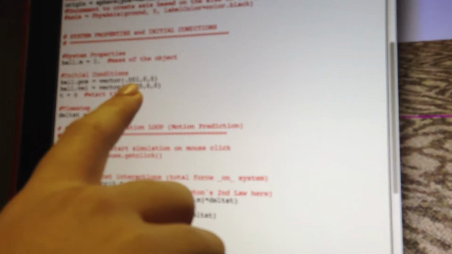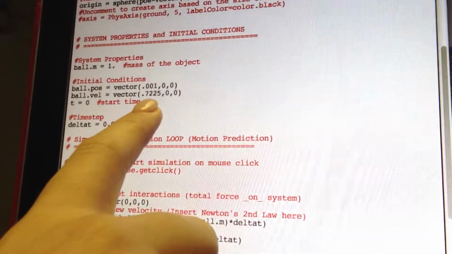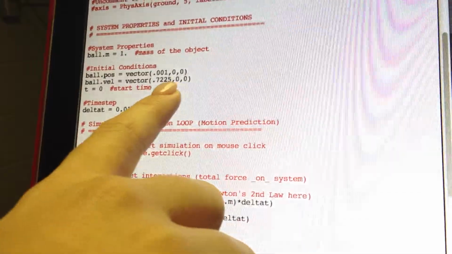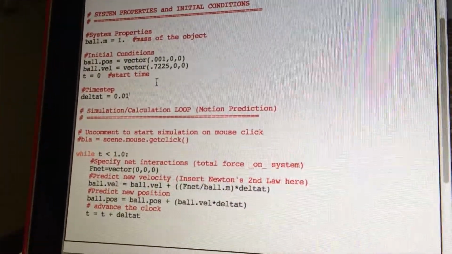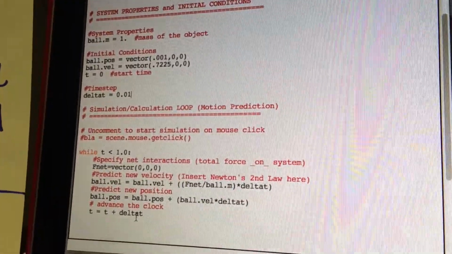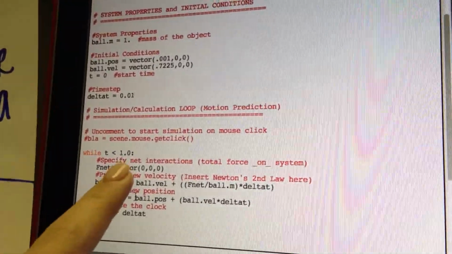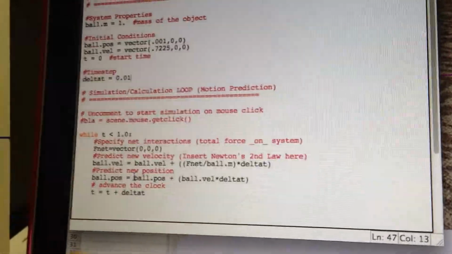So as you notice in VPython, under my initial conditions, I put my initial position right here, and as my final velocity, I've put it right here based upon my calculations. Down here, my time t is 1 second.